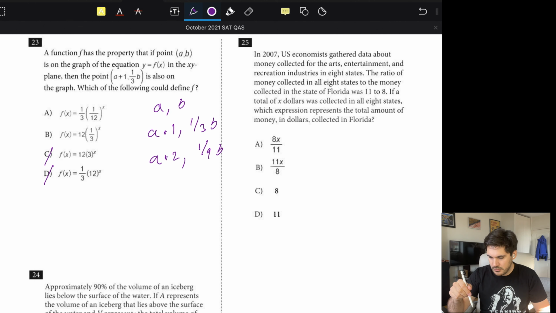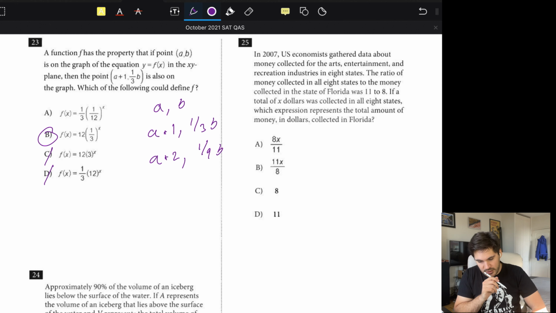As x keeps going up by 1, y keeps being multiplied by a third. The one that shows this relationship is B, because in B, the 1/3 keeps getting raised to the x power. If x is 1, you get 1/3. If x is 2, it's 1/9. X is 3, 1/27. And so on and so forth. That one shows the relationship.